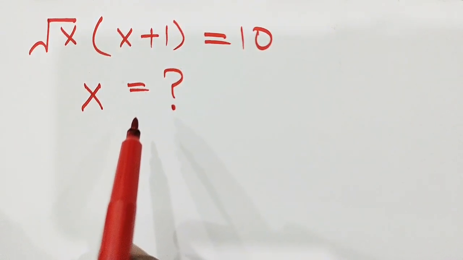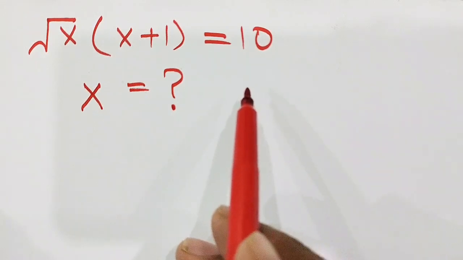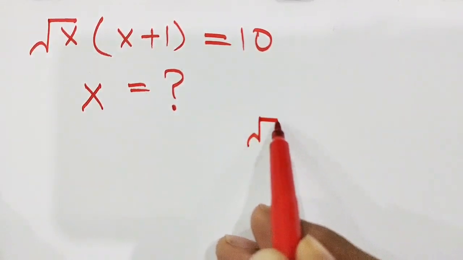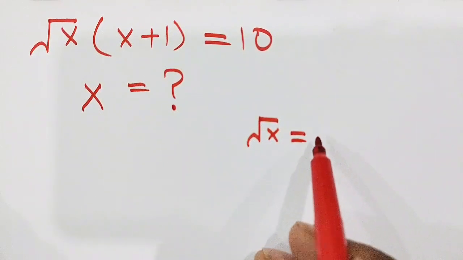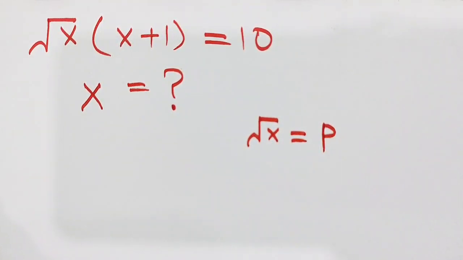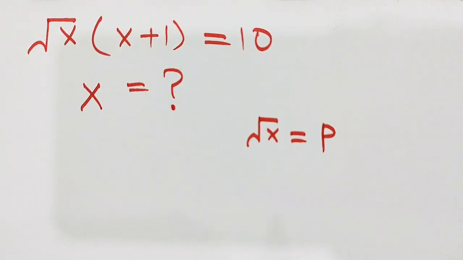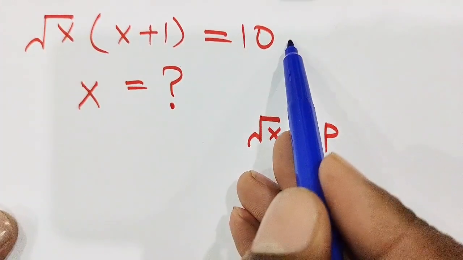First of all, just simplify the question by substituting square root of x equal to p. Let p be some positive integer, the value of square root of x. We will say this is equation number 1.